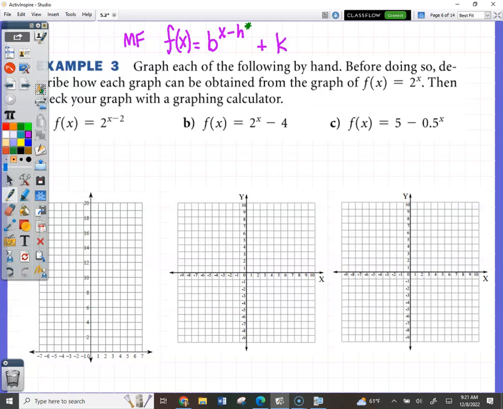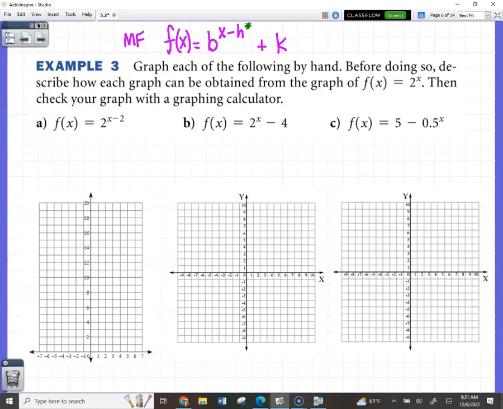So let's do these 3, and we're just sketching. We're not going to worry about the T-chart. First of all, is this growth or decay? This is growth. Second of all, where is it going? It is going right 2. How do you know? Because the little minus 2 here is actually next to the x.